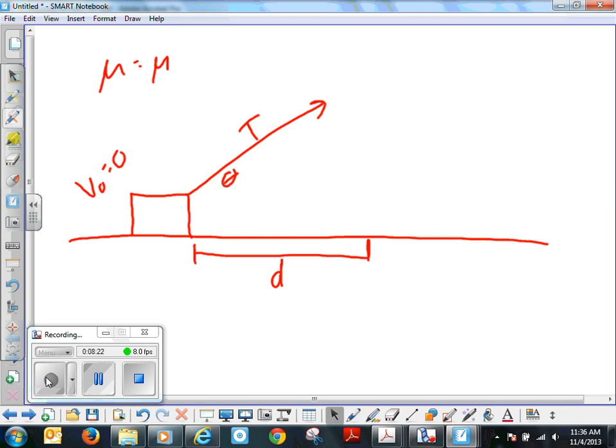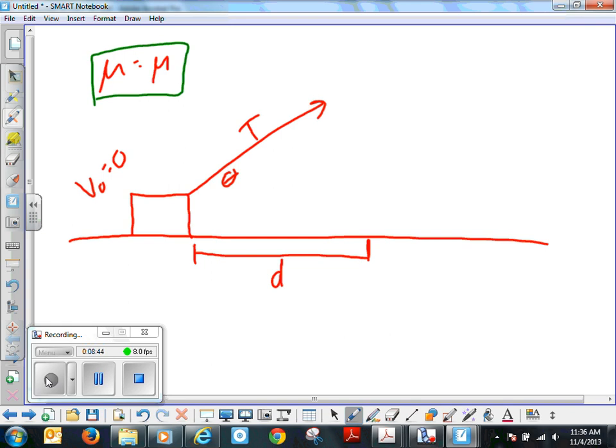But notice up here we have friction. So the work that we do is not turned into kinetic energy necessarily, but is turned into kinetic energy plus increased random motion of the particles of the two surfaces that are interacting.